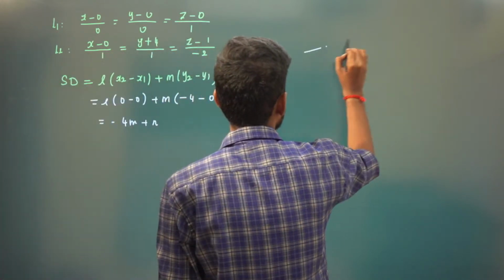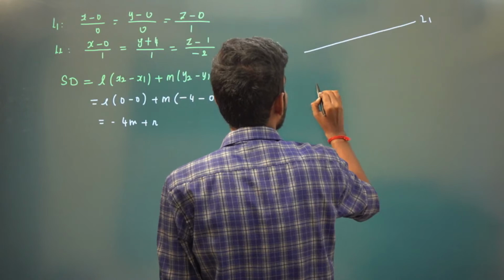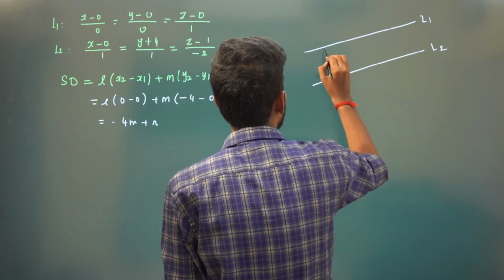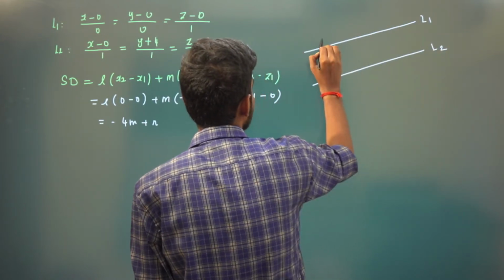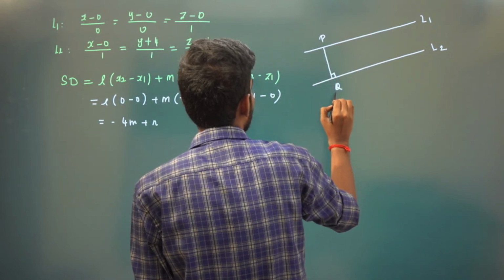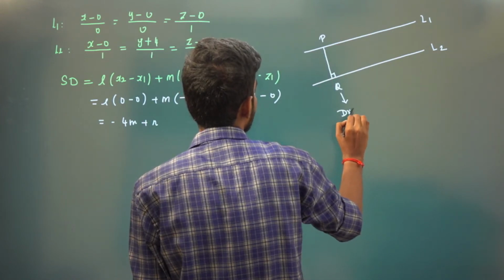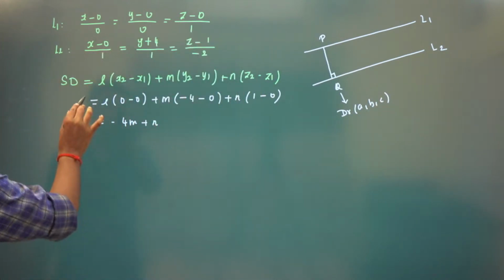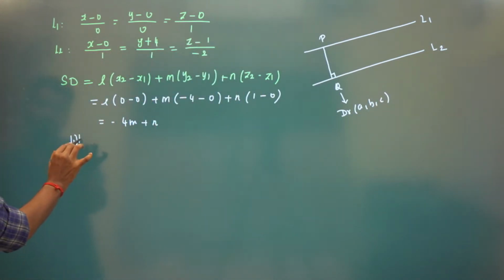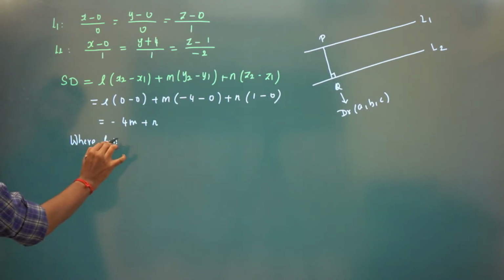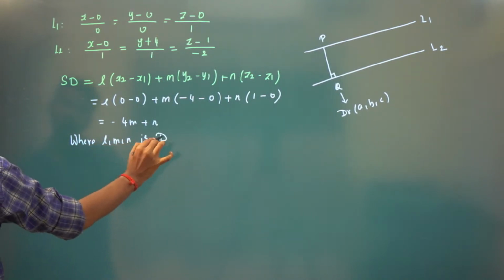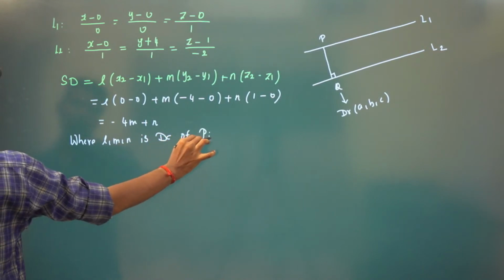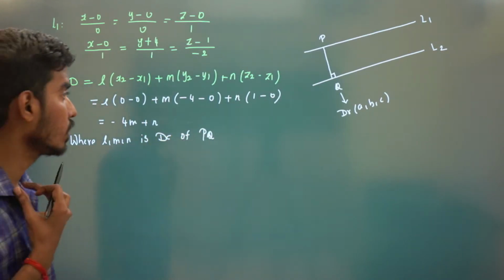So we have a line L1, we have a line L2, and we need to find the shortest distance PQ. Let us say this has direction ratio a, b, c, but we need to find the direction cosine l, m, n of the shortest distance line PQ.